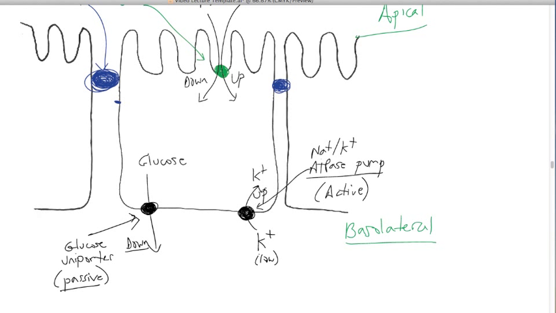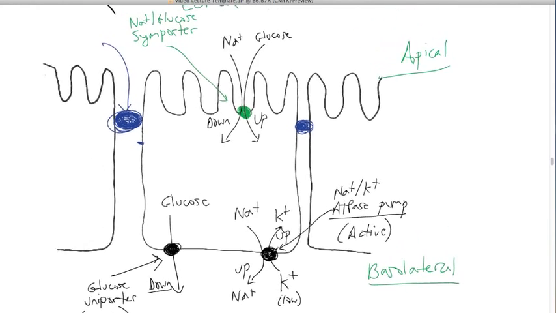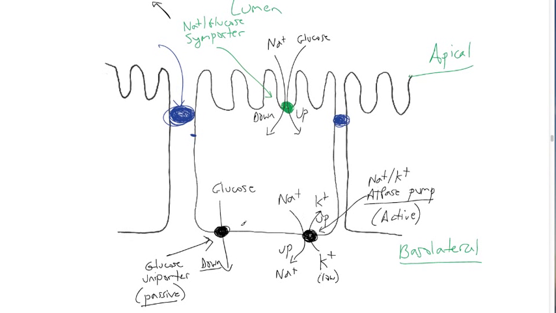So this is going up. You're also moving sodium up a concentration gradient from the inside of the cell to the outside of the cell. Okay? And this also is up its concentration gradient. So the ATPase pump is moving both sodium and potassium against their concentration gradients using the energy of ATP to do this.